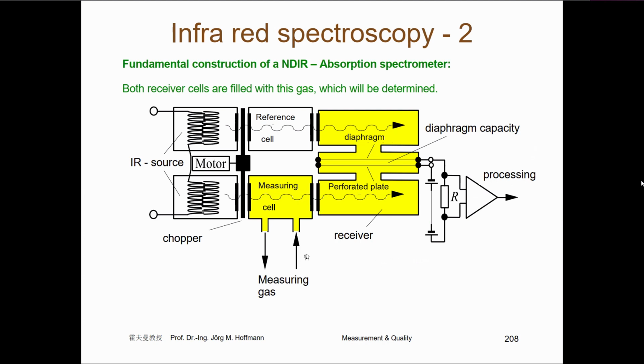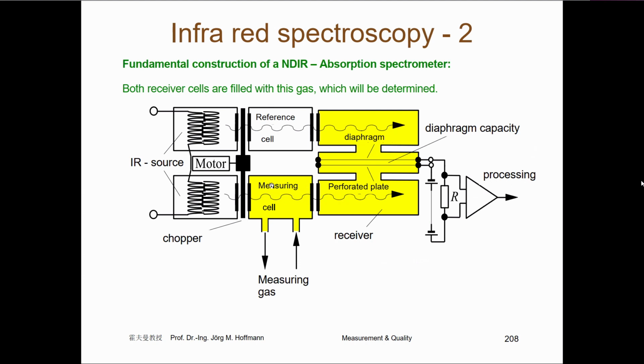And when you have no gas of this kind that you would like to measure in this measurement cell, then you have it heated up on both sides of the receiving cell in the same way, so that you have no change of the capacity here.